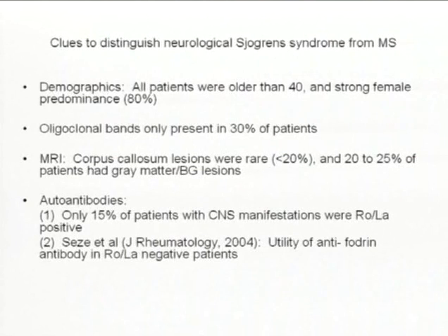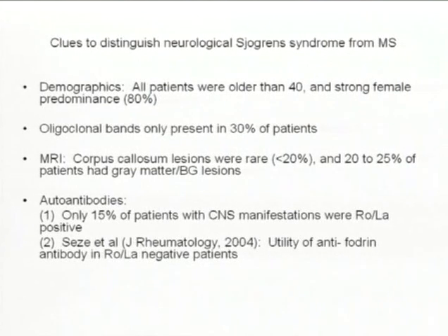Oligoclonal bands were only seen in 30% of the patients. One of the characteristic lesions of MS is corpus callosum lesions, but these lesions were rare in Sjogren's syndrome, seen in less than 20% of cases. Gray matter lesions are uncommon in MS, but were seen in nearly 1/4 of the cases with Sjogren's syndrome.